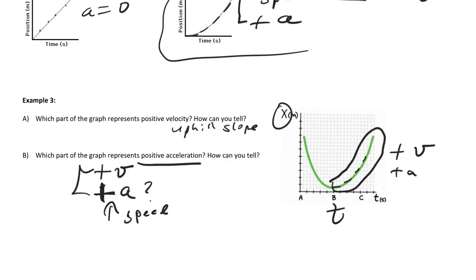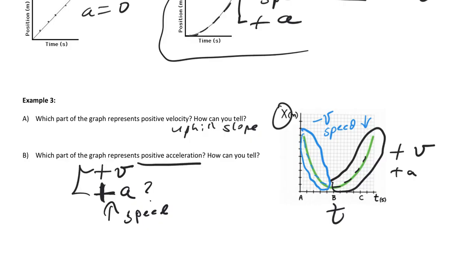Okay, so this left side, we have negative velocity, and it's slowing down because the slope is getting flatter. So the speed is decreasing.